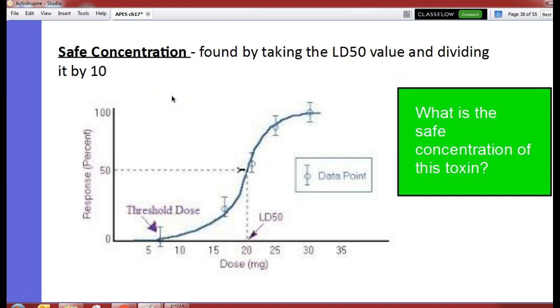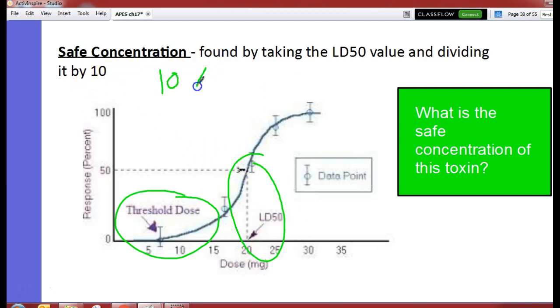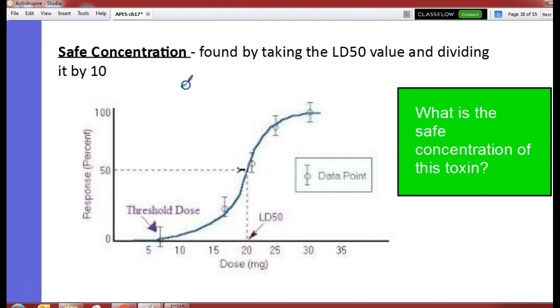Lastly, the safe concentration. So how can we find what's the safe concentration? Notice they have the threshold dose here and the LD50. So it's found by taking the LD50 and dividing it by 10. Okay? So found by taking the LD50 and dividing it by 10. Typically, they say as long as you have 10% of the LD50, you're going to be safe. Okay? So in our last example, right, where we saw that the LD50 was 250, okay, which is the example that's given to you.